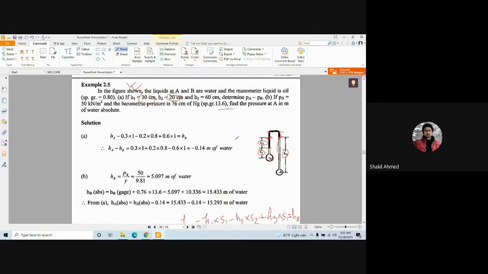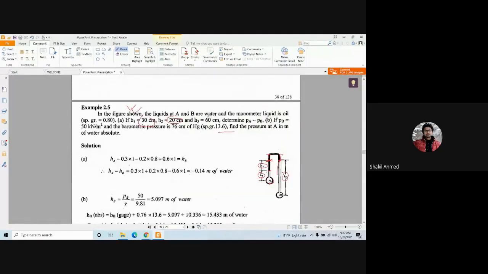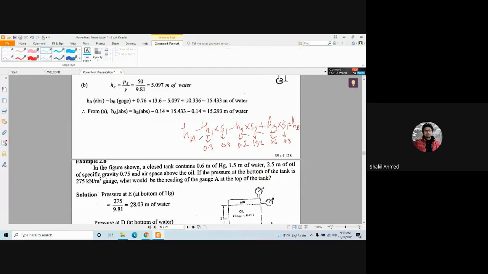Mercury, right? 13.6. Then H3 is what, guys? 60 centimeter. And S1 is again 0.8. So can someone please tell me the value of this part? Only this part, including negative. Okay, just exclude the negative now. What's the value, guys?